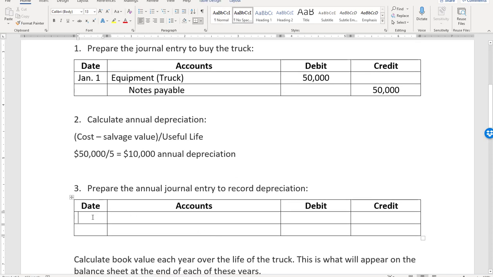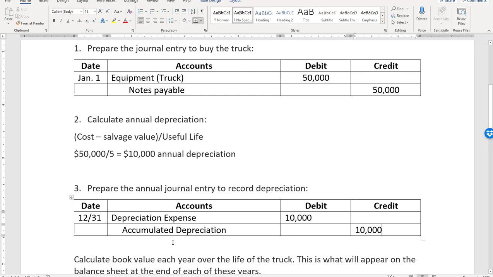Now, depreciation happens at the end of an accounting period. It is an adjusting entry, and if you remember adjusting entries, they always affect one balance sheet account and one income statement account. So we're going to debit depreciation expense for $10,000, and we're going to credit an account called accumulated depreciation for $10,000.